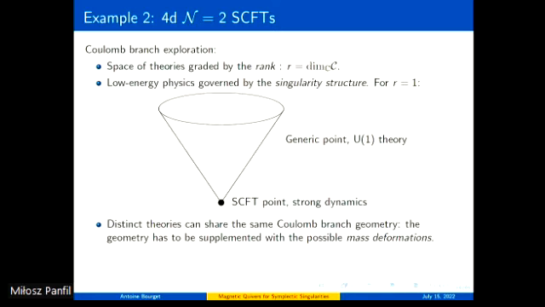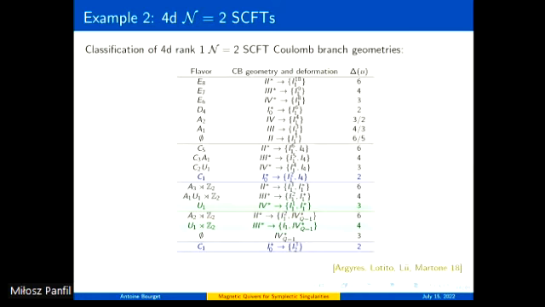But in a beautiful series of papers, Philippe Argyres, Lotito, Lu, and Martone obtained this constrained list of possible geometries of rank 1 SCFTs. This is a finite list, so that's the list. And actually, all these theories have been constructed explicitly. So there is a perfect match between the bottom-up approach of constraints and the top-down realization in string theory.